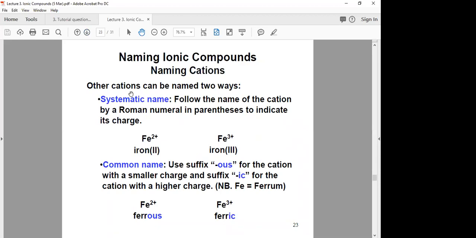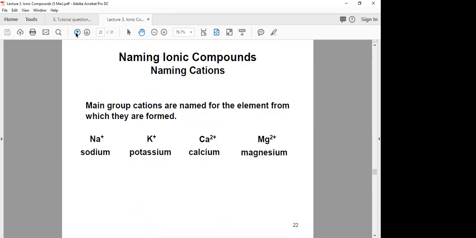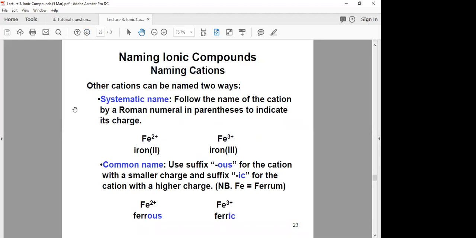Now, when we're looking at other cations, it's a little bit different. So remember, those were the main group cations. What about when we're dealing with those elements that have variable charges? And remember, I mentioned slide 14. Everyone remember that? Metals with variable charges.